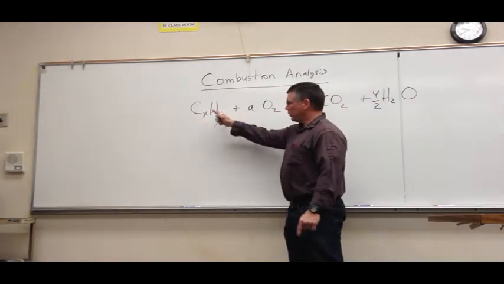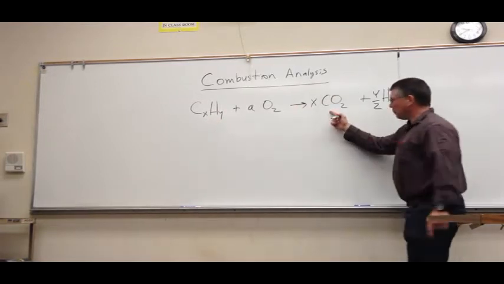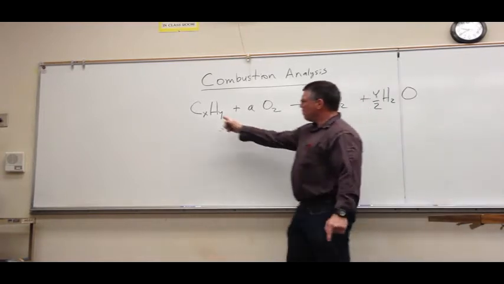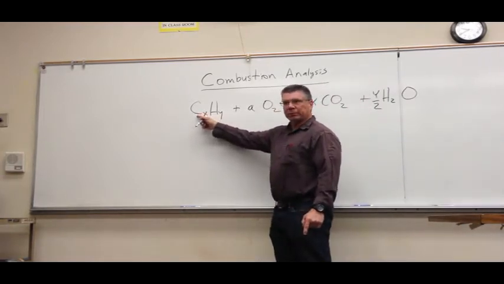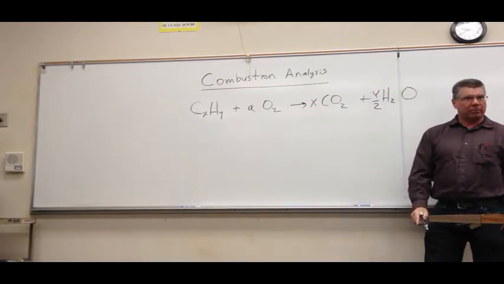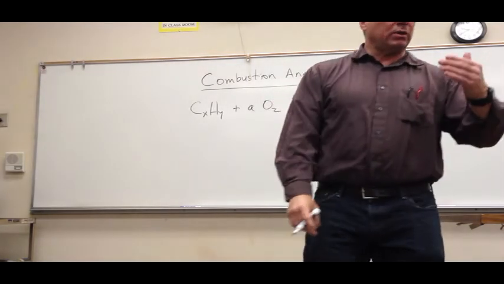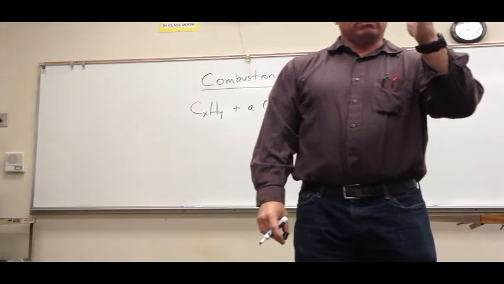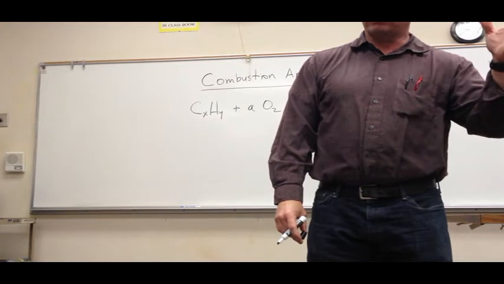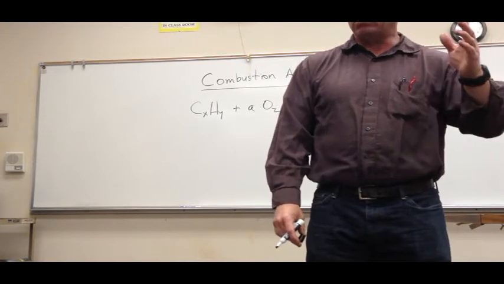You know that because the only place carbon comes from is the hydrocarbon, and the only place it ends up is in carbon dioxide. You know that however many moles of carbon you have in this compound, that's how many moles of carbon dioxide you produce, right? Make sense? So, we'll do an example with this, but the idea is, because you know from the increase in mass of that second trap how many grams of carbon dioxide were produced, you know how many moles of carbon dioxide were produced. Just divide by the molar mass.